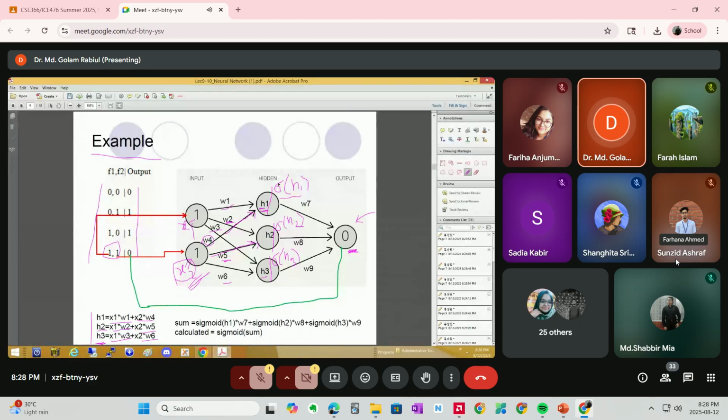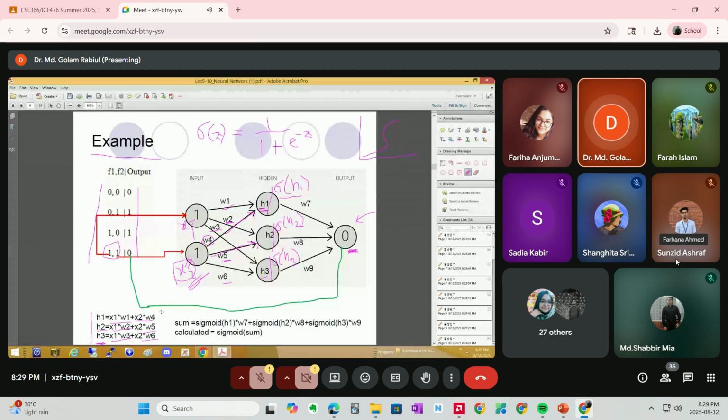Here we have utilized the sigmoid activation function. This is sigmoid of H1. We know the sigmoid of any value G is 1 divided by 1 plus e to the power negative G. So sigmoid of H1 is 1 divided by 1 plus e to the power negative H1. In our previous lecture we saw that the sigmoid is an S-shaped curve, so that is non-linear.